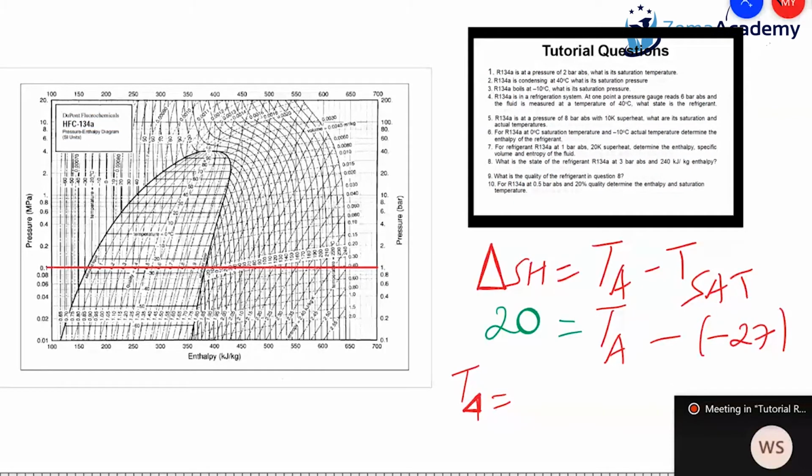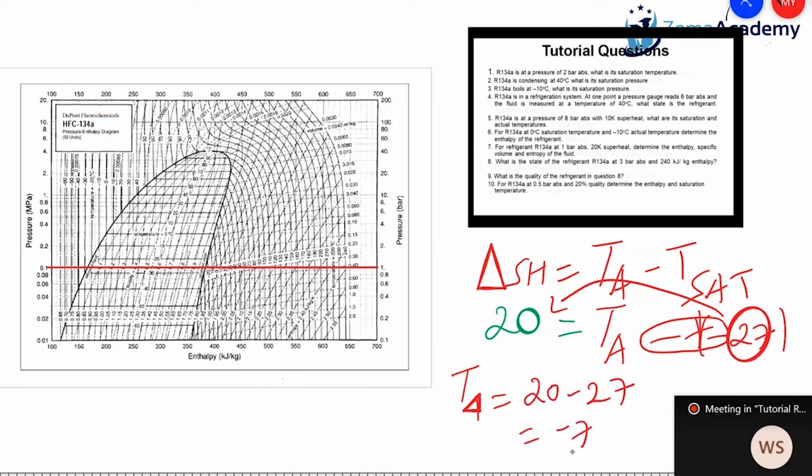Yes, minus 7. Don't forget, minus and minus becomes plus. And then if we move that to this side, it becomes 20 minus 27, which is minus 7. So now we know our actual temperature.